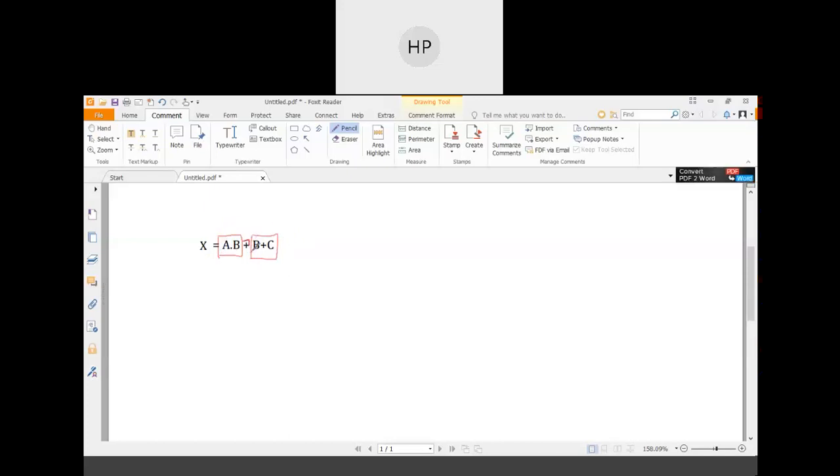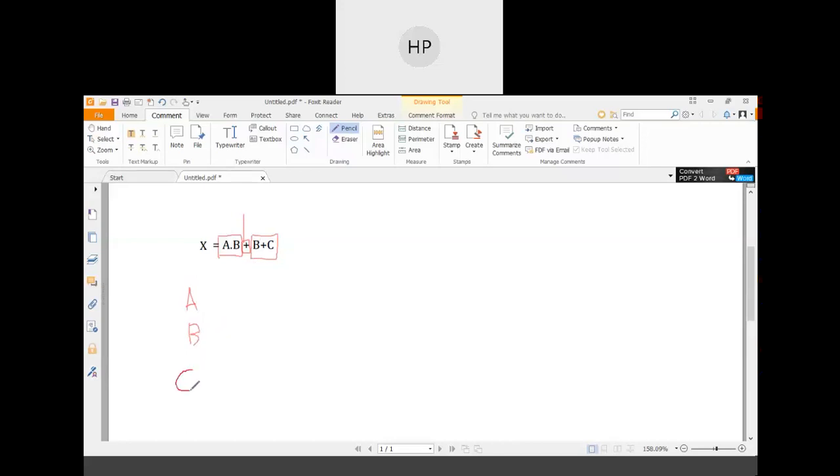Then both of these components go through another gate; this plus sign indicates another OR gate. So how many OR gates should be there? Two. Two separate OR gates and one AND gate. It's simple, right?